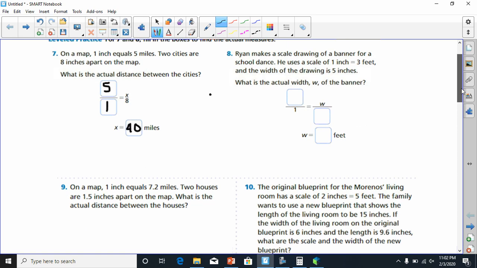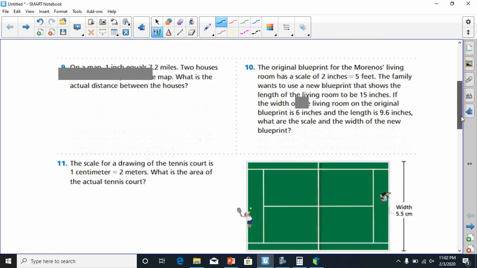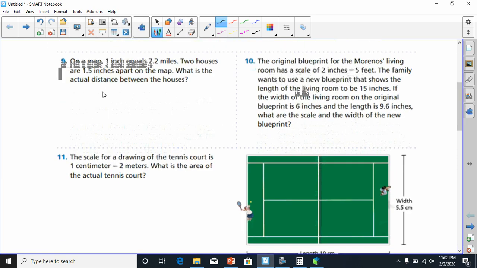Going on to number 9, you guys got number 8. On a map, 1 inch equals 7.2 miles. Two houses are 1.5 inches apart. Once again, since the inches are on the bottom, we'll put 1.5 over here. I'm just going to label this so we know what this is, inches. And on top, this is miles.